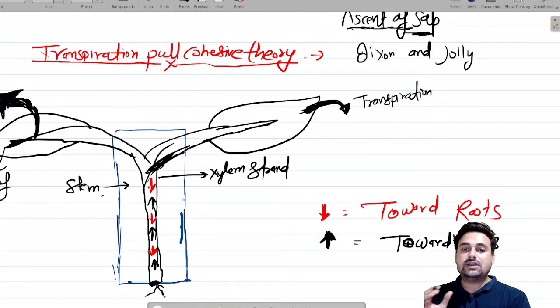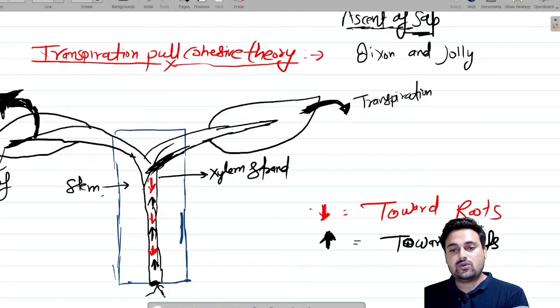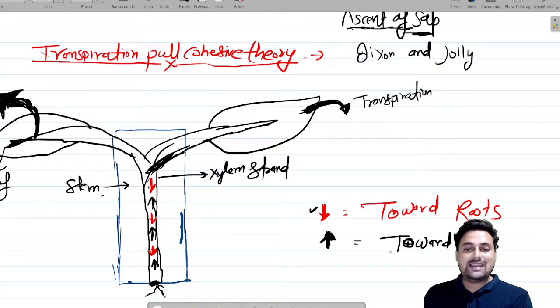The red arrow is showing that a force is going on towards the roots, while the black color is showing the force going up to the leaves. Okay, now come forward. This is the basic.